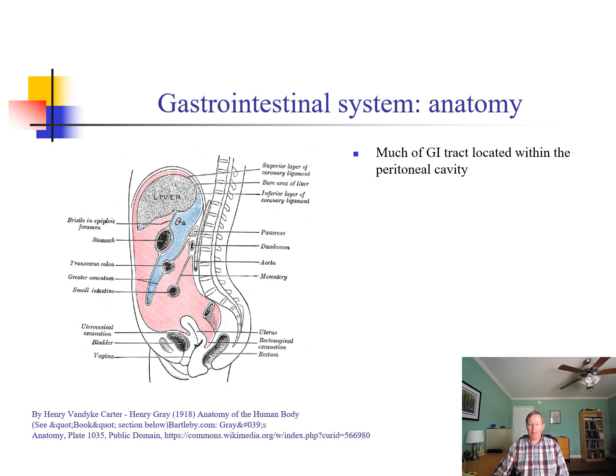Now, most of my gastrointestinal tract is located in my abdomen, and it's in a peritoneal cavity that is lined, through which this tubular structure will go.